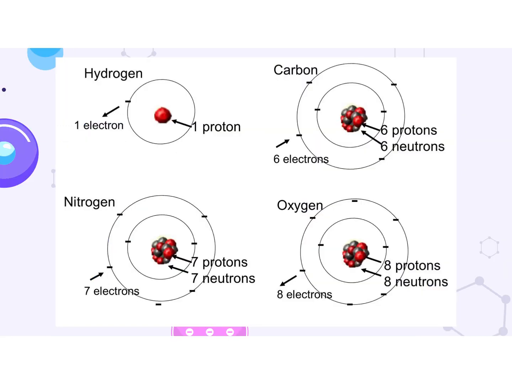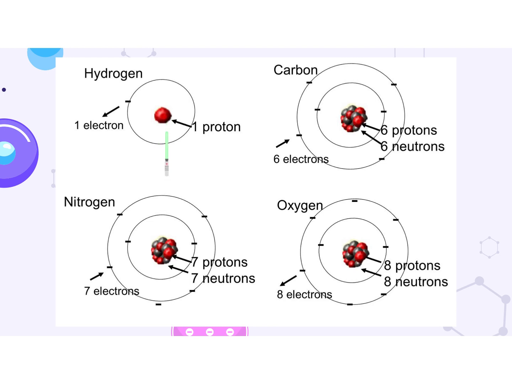So the way that an atom can identify a certain element is actually by the number of protons in its nucleus. So the number of protons in the nucleus of an atom gives the atom its identity. So if we look here, a hydrogen, that's a type of element, is a hydrogen atom because it only has 1 proton.